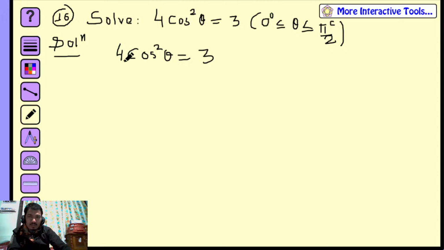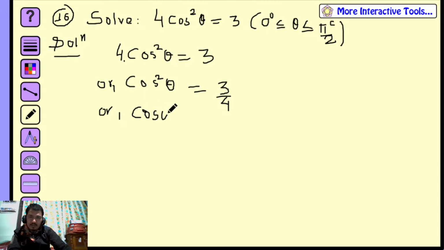Here it is multiplied, so when 4 transposes to the other side, only cos square theta remains. Then here will be 3 by 4. As there will be no square and only cos theta remains, we have to write plus minus square root of 3 by 4, okay? 3 by 4.